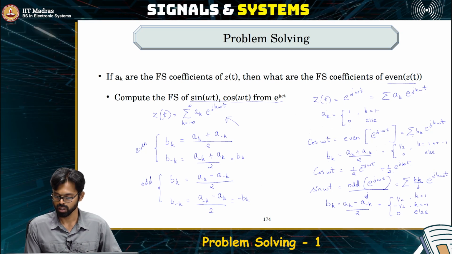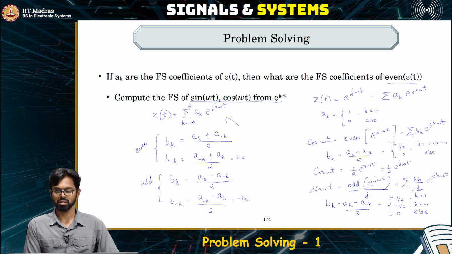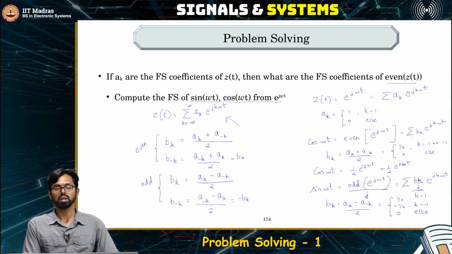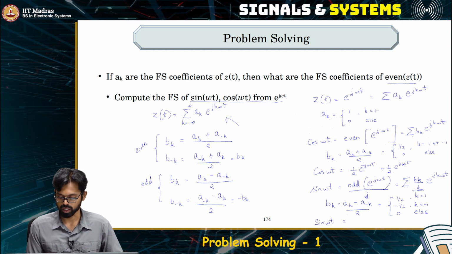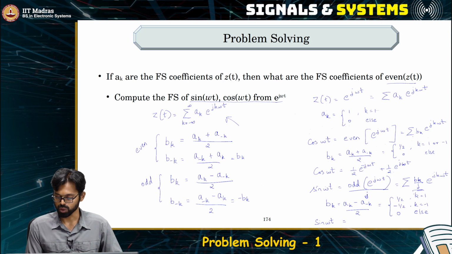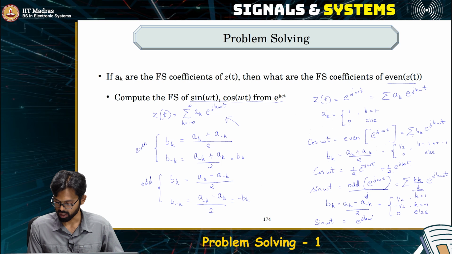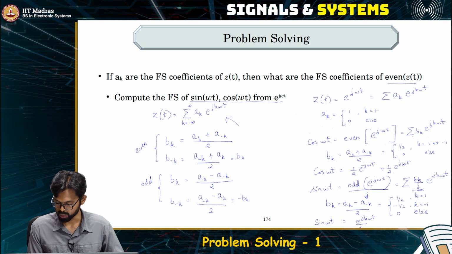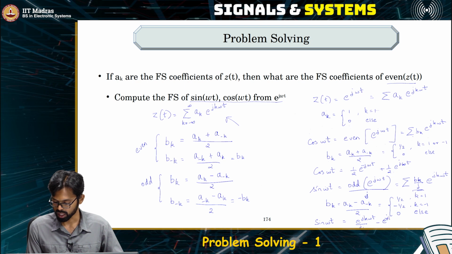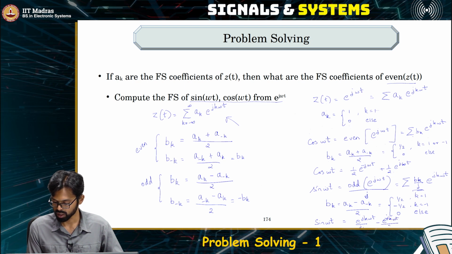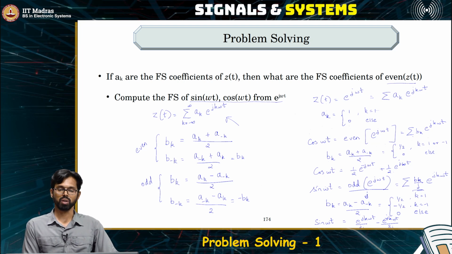In other words, if you expand sine omega t in terms of these coefficients, we get that sine omega t is equal to, when k is equal to 1, e power j omega t divided by 2j, and when k is equal to minus 1, minus e power minus j omega t divided by 2j, which is exactly the expansion for sine omega t that we already know.